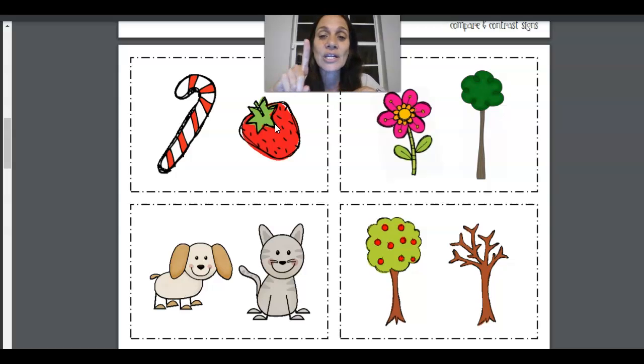But here's what I want you to do. Listen up. I want you to use those terms, comparing and contrasting. So think about it, like I could say, I can compare them because, but they're different, or contrasted, because, and you say some reasons. So try to use the words compare and contrast. Remember, compare is how they're the same, contrast is how they are different.